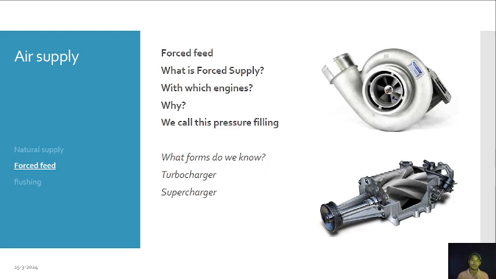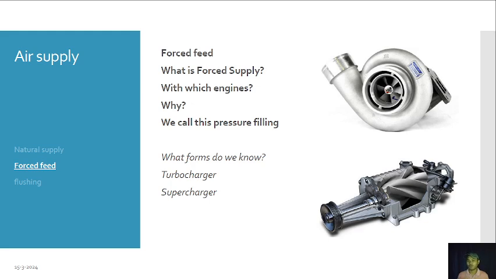So why do we have to do the forced feed? Of course, as you put a volume of air into the combustion chamber, you are also increasing the compression pressure during compression, and after the injection of fuel there will be combustion.